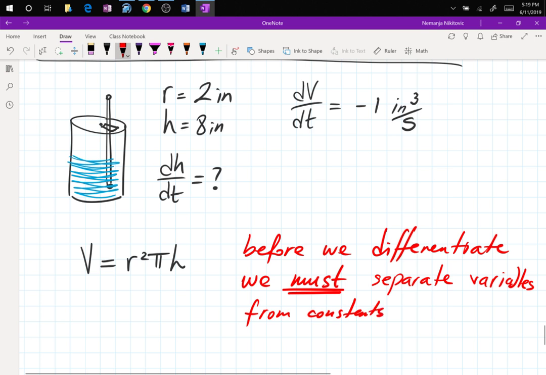Because remember, if you're differentiating a constant alone, it goes to 0. If you're differentiating a constant within a term, it gets copied. If you're differentiating a variable, it's going to get its dt, chain rule.